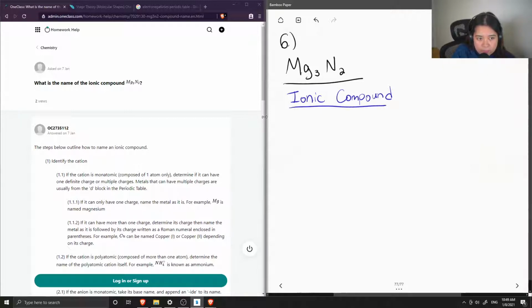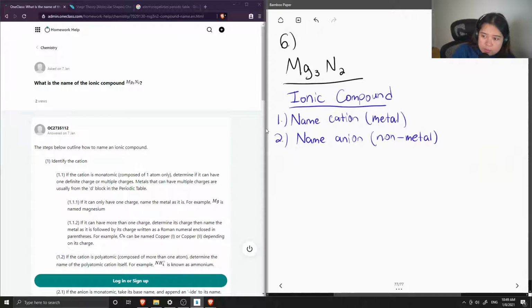When we name ionic compounds, we name the cation first, which is the metal, and then we name the anion, which is the nonmetal, or these can both be polyatomic ions, in which case you would just name the ions.